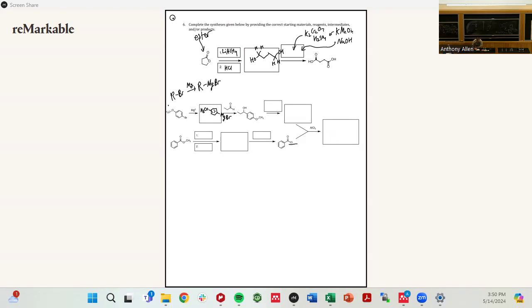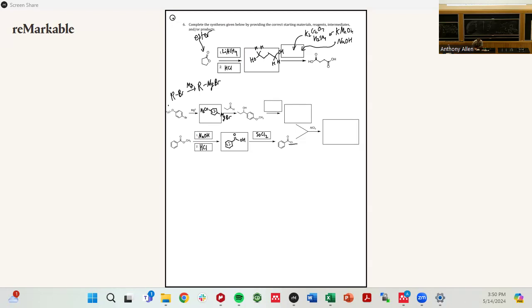Okay, in terms of making an acyl chloride, what reagent do we know will do that? SOCl2. What does it need to make the acyl chloride? A carboxylic acid. To get a carboxylic acid from an ester, first you can make a carboxylate with base, NaOH, but then in the second step, what do you need? HCl.